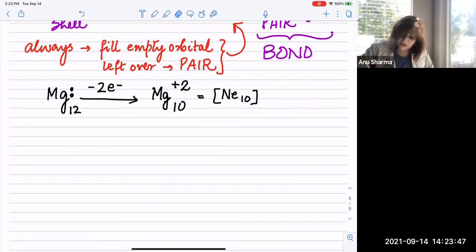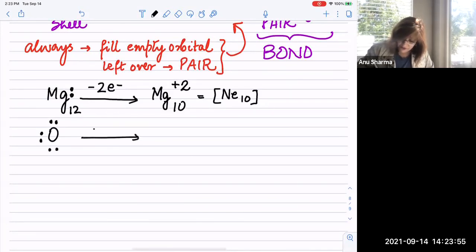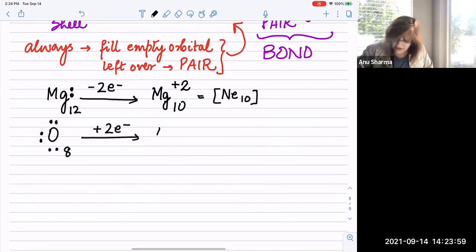Now, where do these electrons go? These are acquired by oxygen. Oxygen has 6 electrons in the last shell. So it accepts those 2 electrons from magnesium. This is oxygen 8. Then oxygen becomes 10 with -2 charge, and it has now 8 electrons.